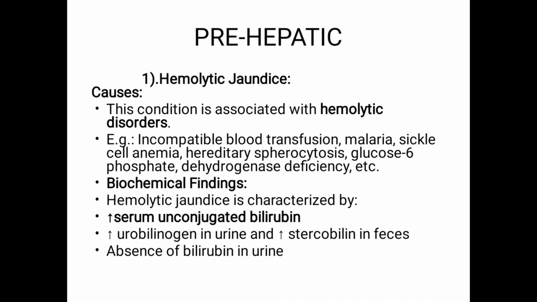Okay, what is the main thing which is increased in the blood in hemolytic jaundice? Increased unconjugated bilirubin, water insoluble, or indirect bilirubin. So in hemolytic jaundice there is increased serum unconjugated bilirubin because there is excess destruction of the RBCs.